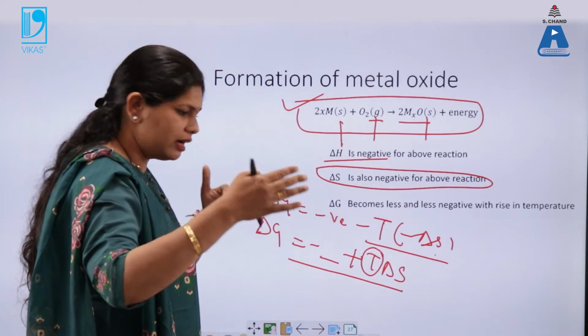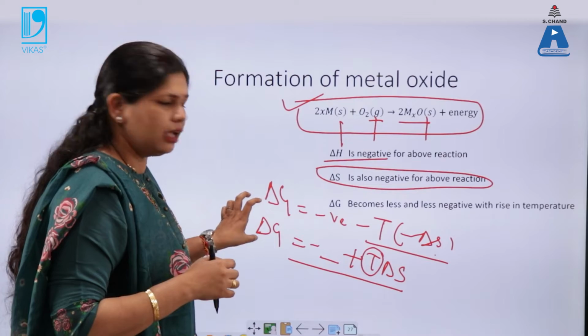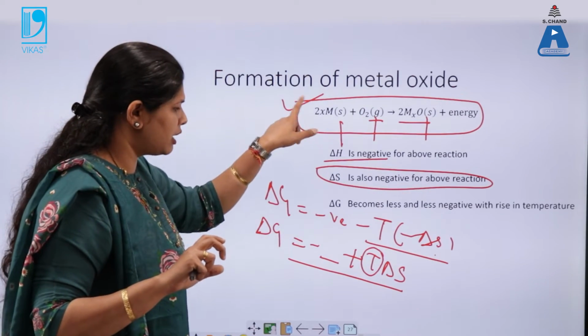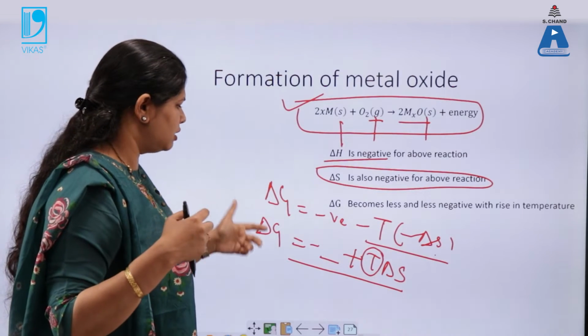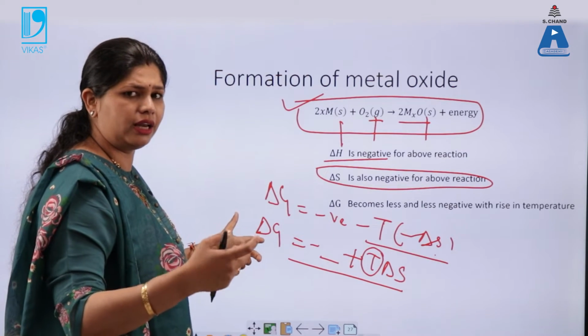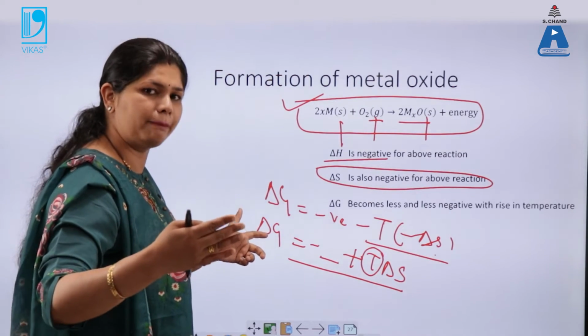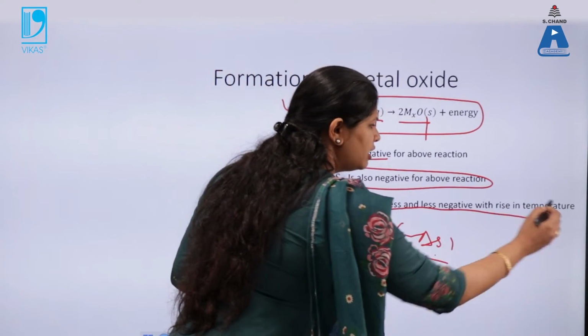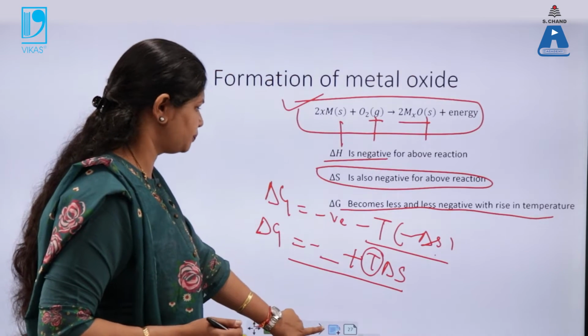So the temperature at which it remains negative is the temperature we have to consider for this particular reaction. That means I can say that the reaction is spontaneous only up to a certain temperature range. The delta G becomes less and less negative with rise in temperature.